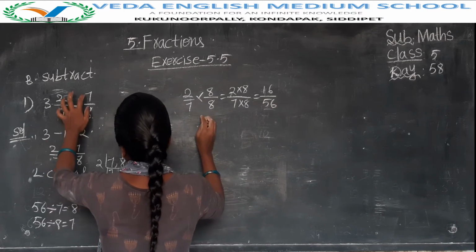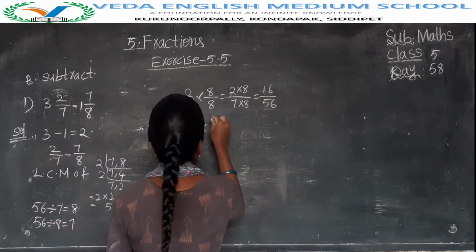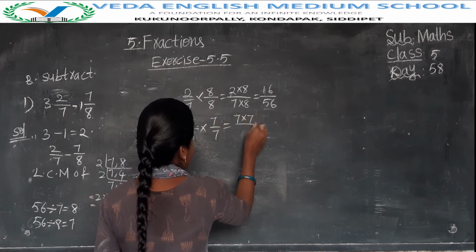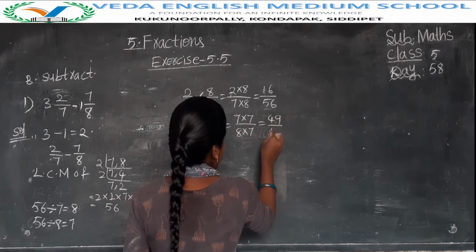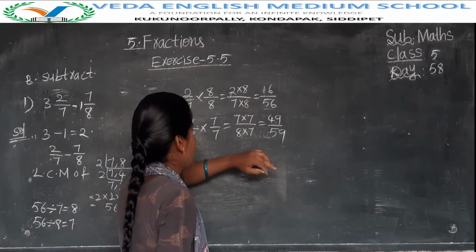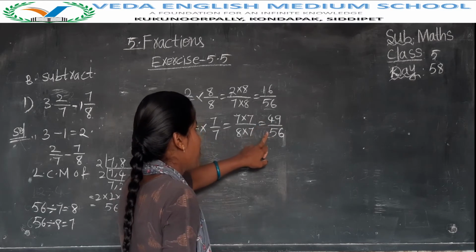Then second fraction 7 by 8 into 7 by 7: 7 into 7 by 8 into 7, 7 7s are 49, 7 8s are 56. Then 16 by 56 and 49 by 56.